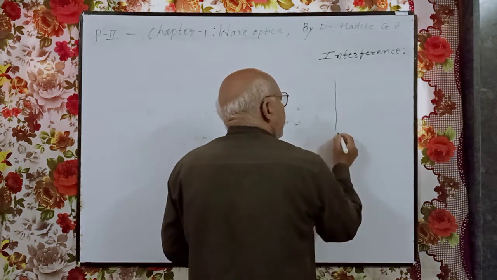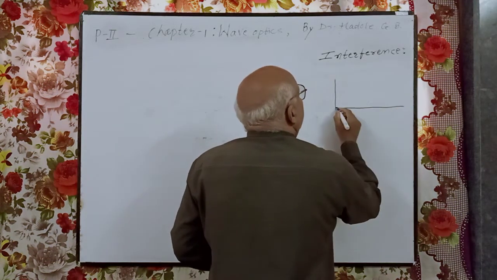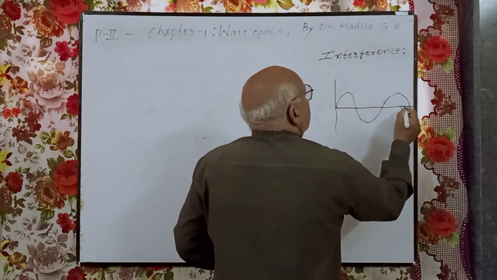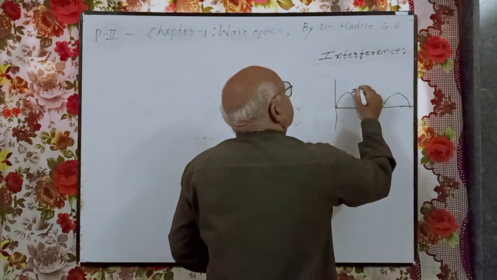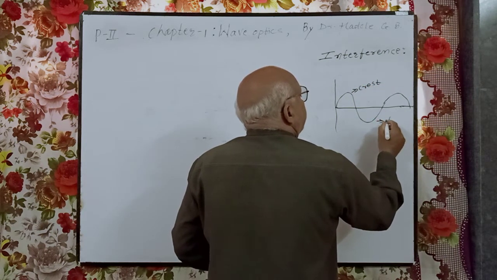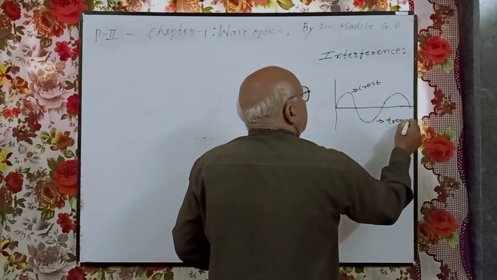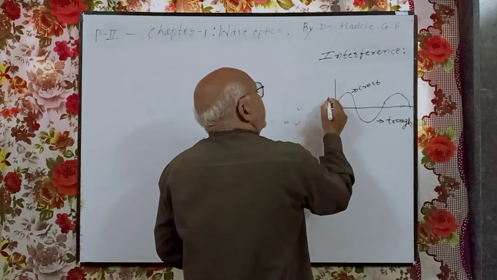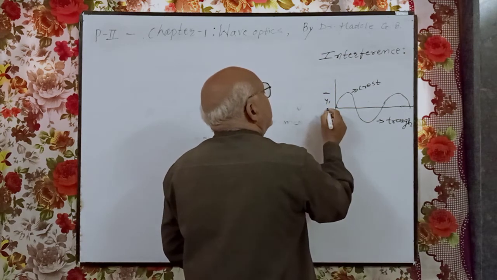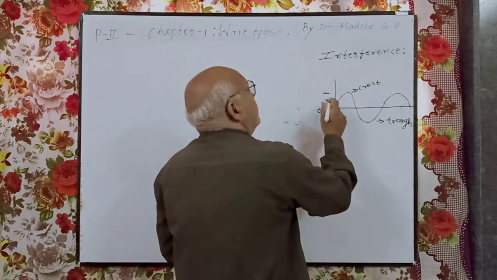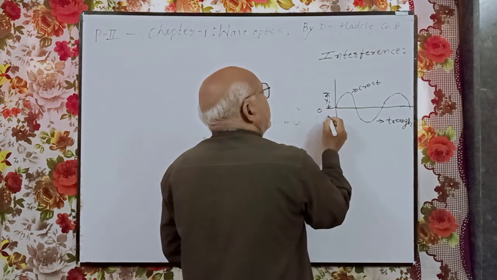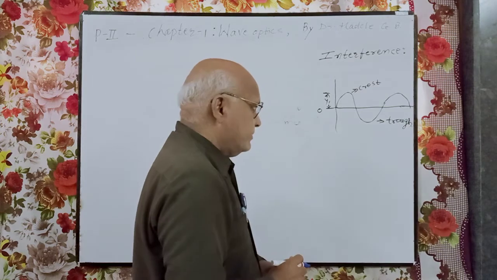This is, suppose, the first transverse wave. This is called a crest. This is called a trough. And it represents displacement y1 from the zero position, y1 along the positive y-axis and y1 along the negative y-axis.